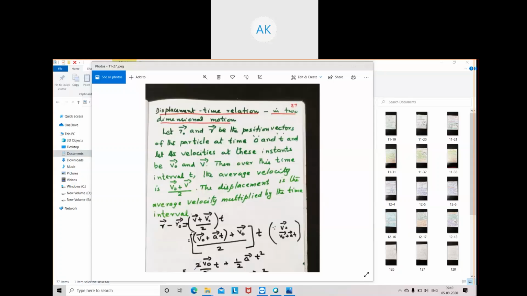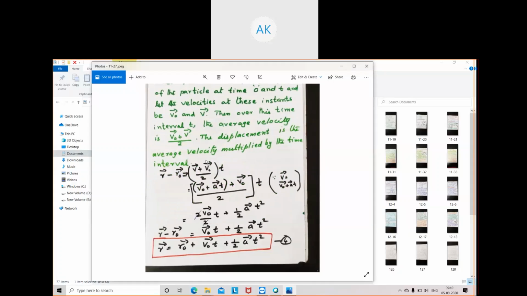You can see here, r minus r0 is the displacement. Displacement is equal to initial velocity plus final velocity by 2. Always put this vector symbol as it is a two-dimensional motion. So we have to put the vector symbol, into t, average velocity into time.